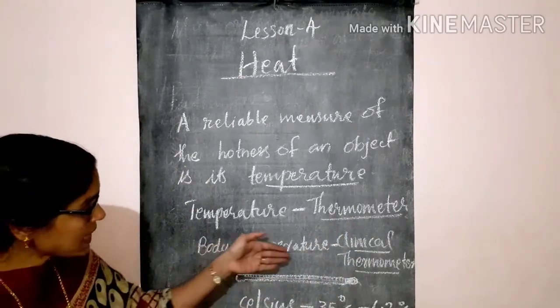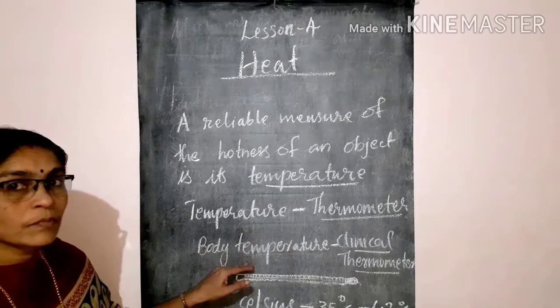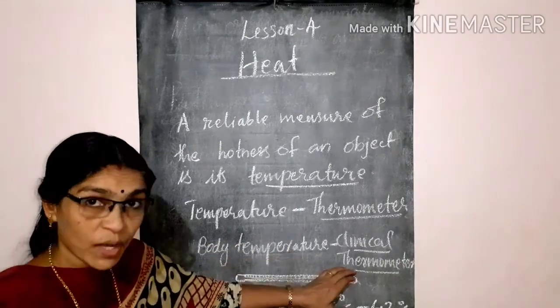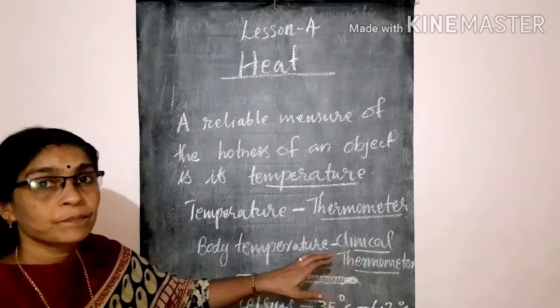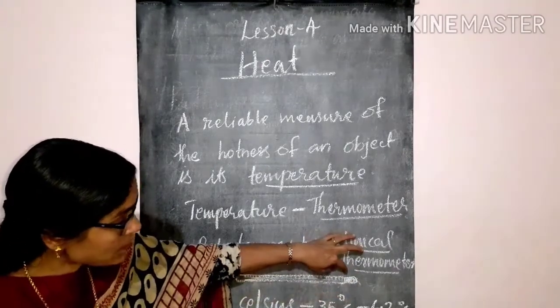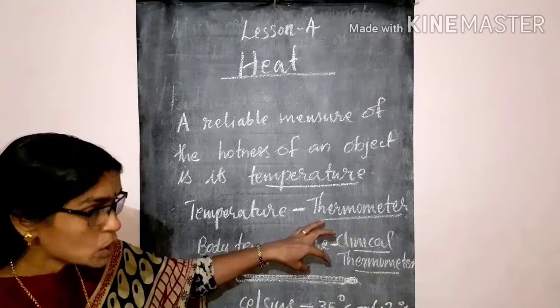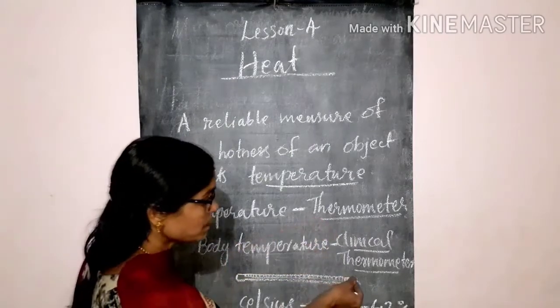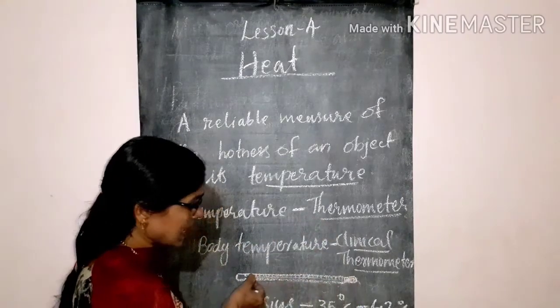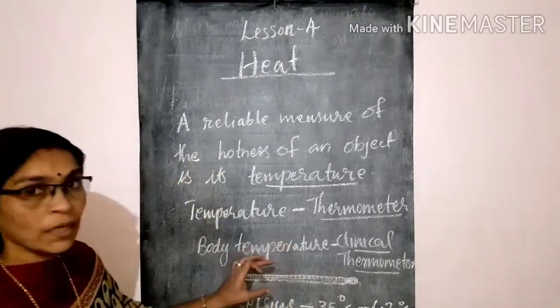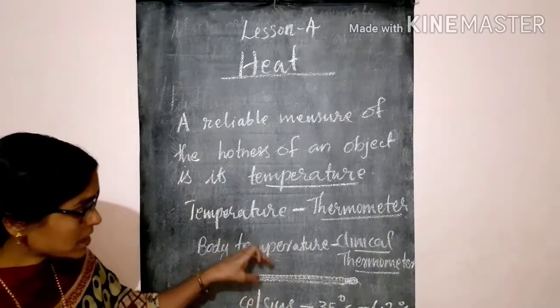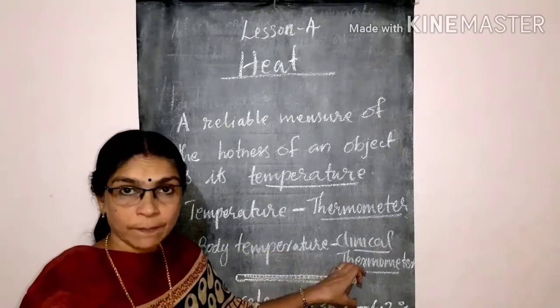It is a long narrow tube. It has one bulb at one end. It is filled with mercury. When it reads the temperature, the hotness of our body, the mercury spreads from this end to the other end. From the spreading of the mercury, we can measure the temperature of our body.